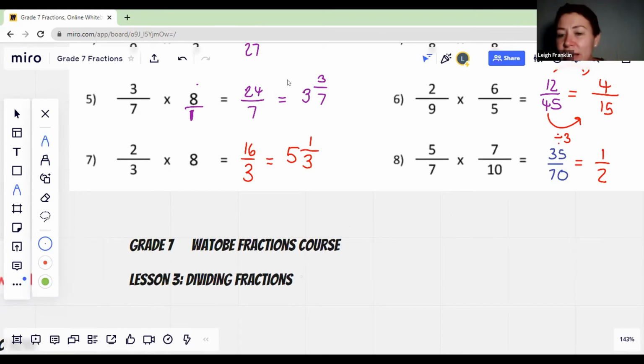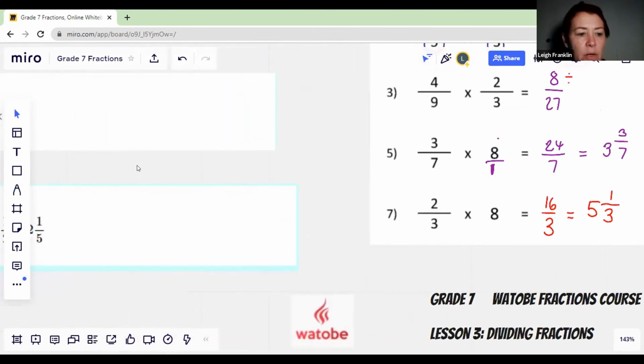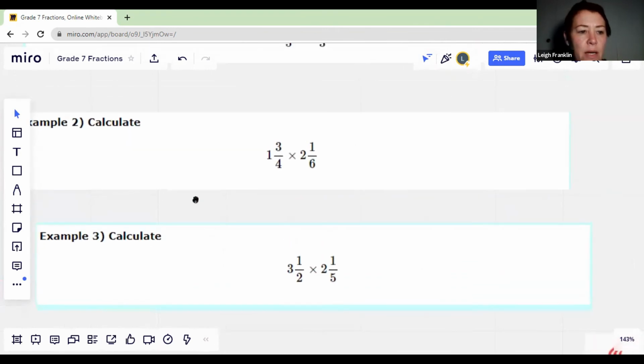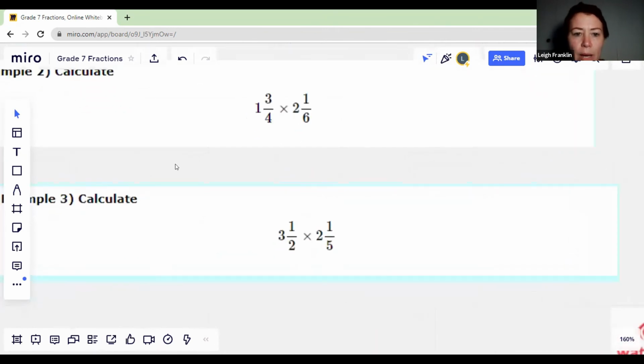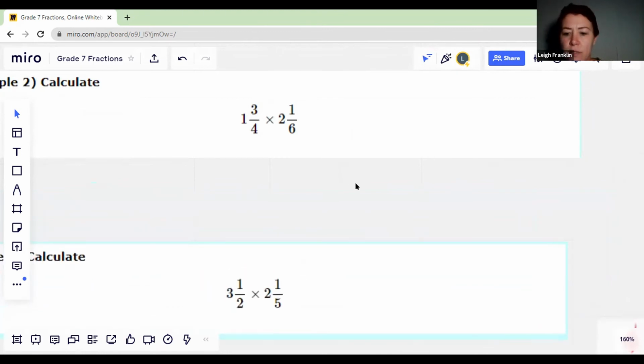Good. All right. So now that you guys have done so well in these difficult questions, what I want us to do is go up here and have a look at these more difficult ones that I have found on the side. Has anybody done questions like this at school before, where you've had to multiply a mixed fraction with another mixed fraction? Okay, all right.